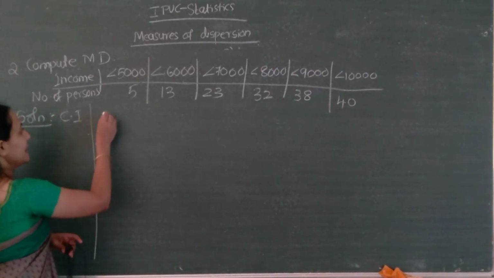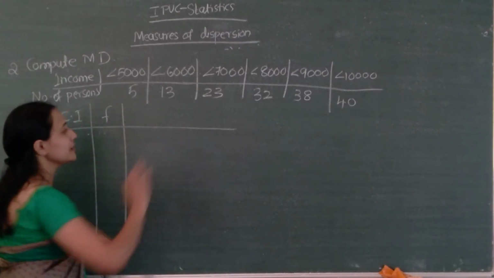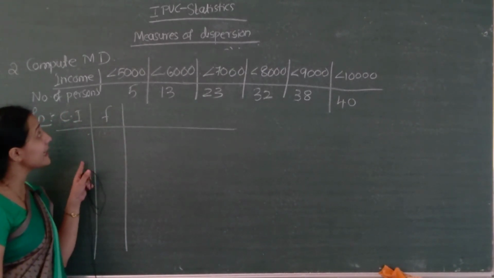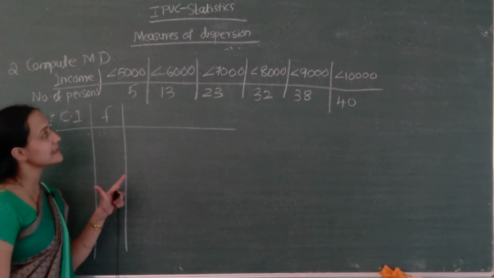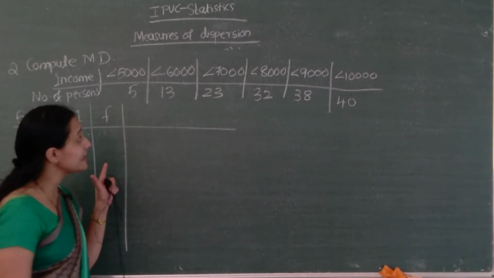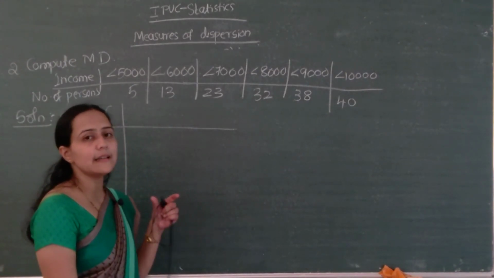So, class interval and frequencies I will write. Next, construct the columns required. First, less than 5,000, less than 6,000, less than 7,000. See the difference by seeing the problem: the width is 1000.